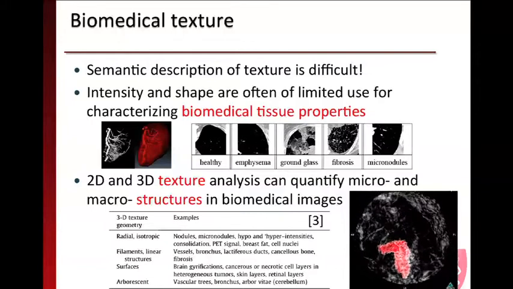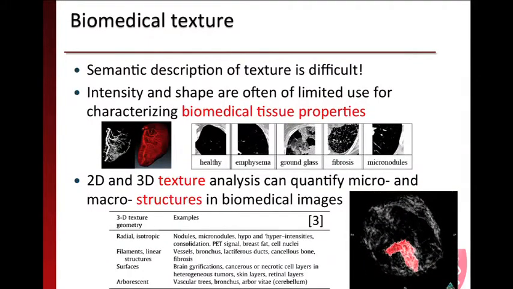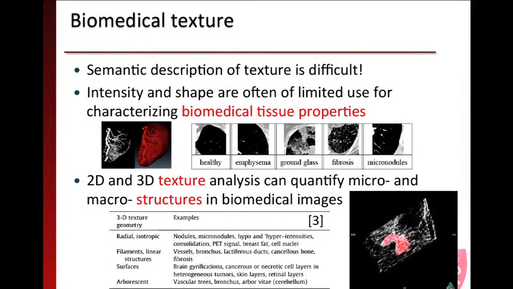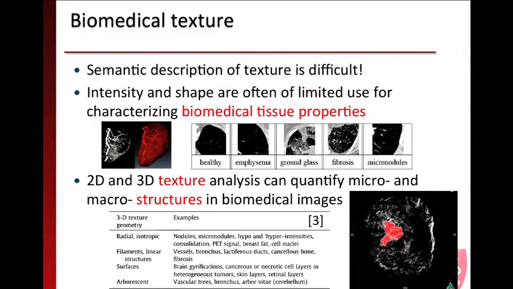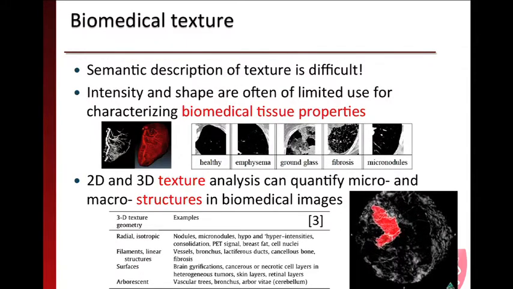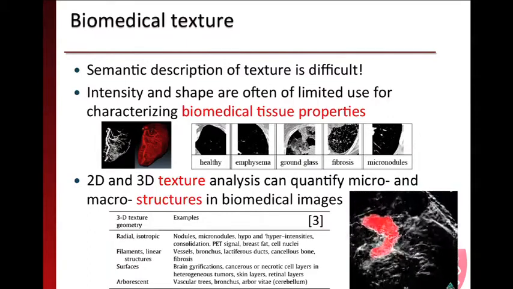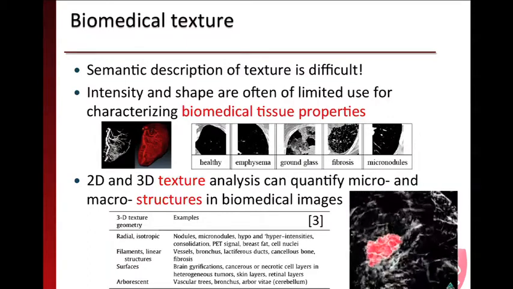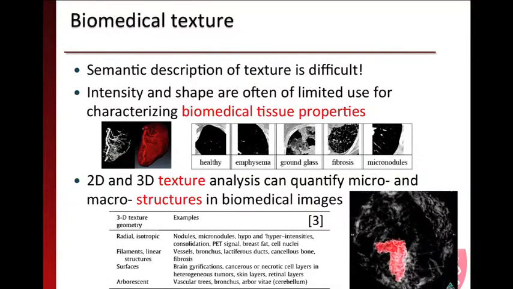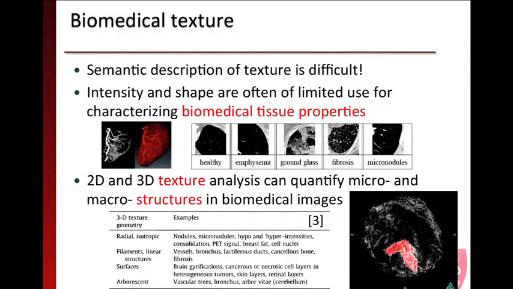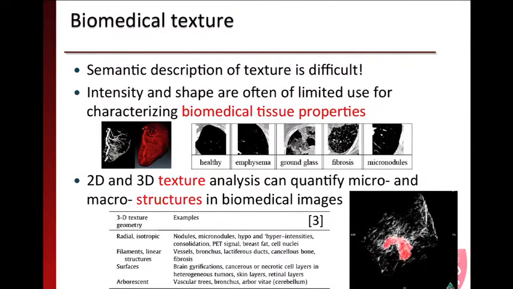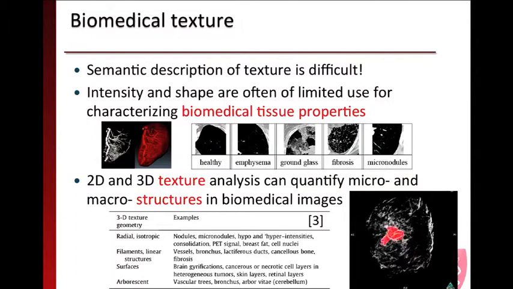And also, other computerized measures like intensity and shape are often of limited use to characterize biomedical tissue properties. So as an example, if you want to discriminate between those 5 types of lung tissue, maybe using intensity you can discriminate between some of them, but it's definitely about texture here that we can separate those patterns.